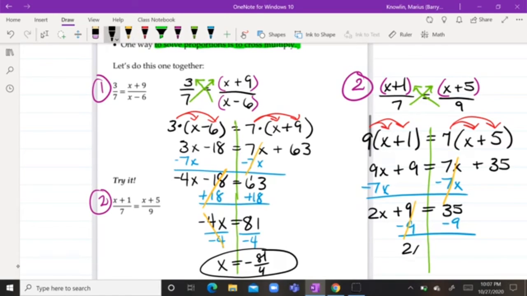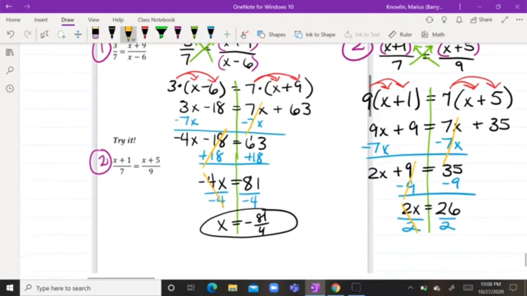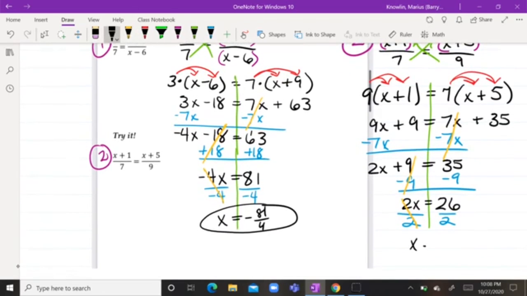And now we have 2x equals, well, if it was 10, it'd be 25. So since it's 9, that's going to be 26. And now we divide both sides by positive 2. The 2's cancel out. And we get x equals 13.